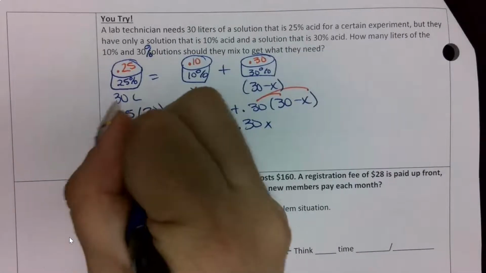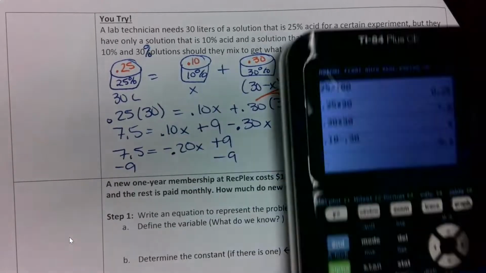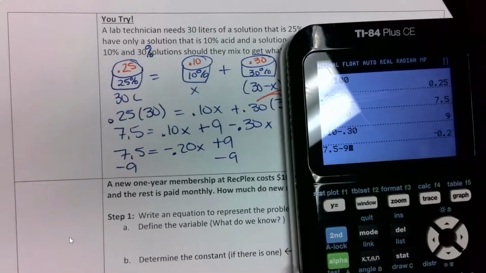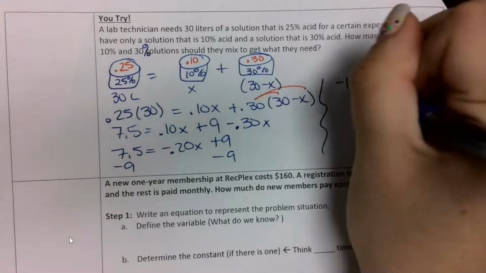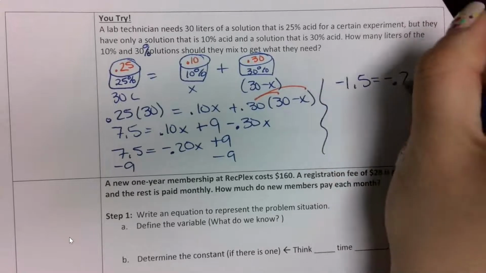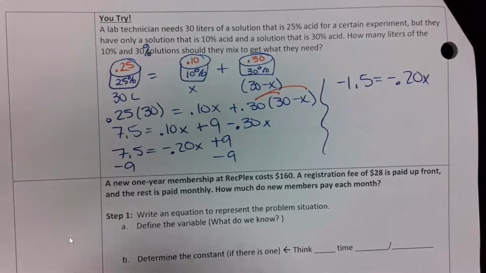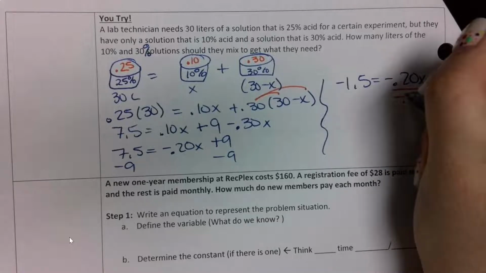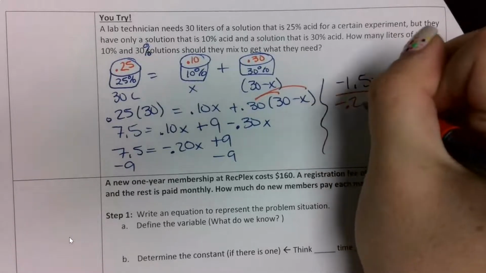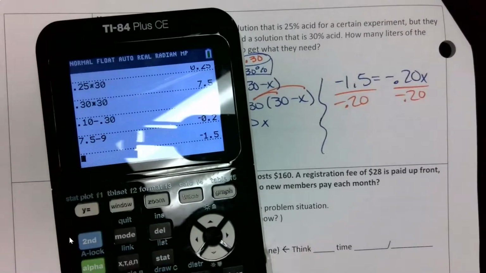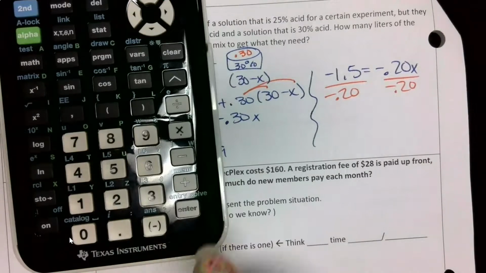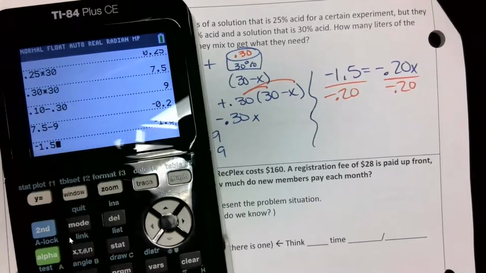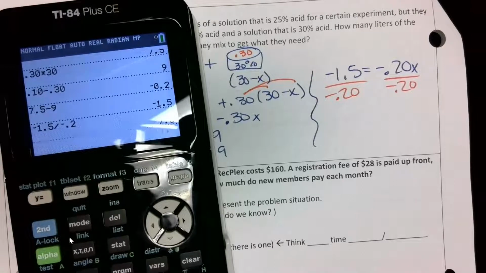Now I want to subtract the 9 from both sides, which gets me negative 1.5. To isolate my variable, I need to undo the multiplication. So I'll divide negative 1.5 by negative 0.20, which gets me 7.5.